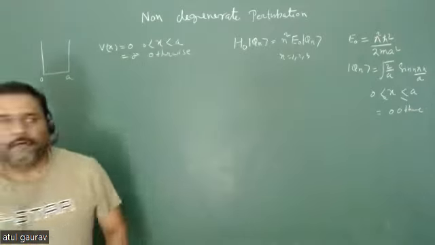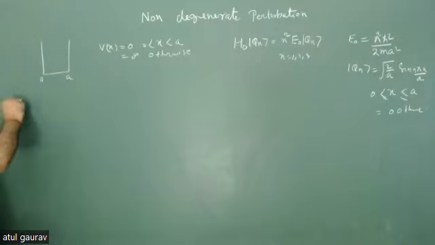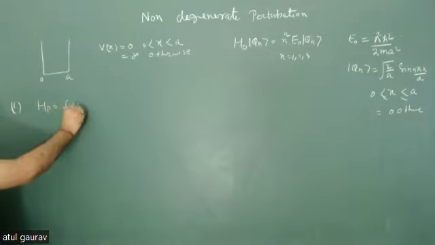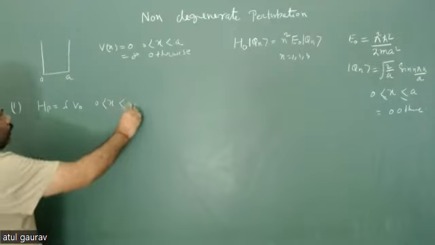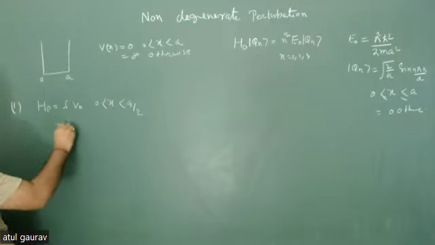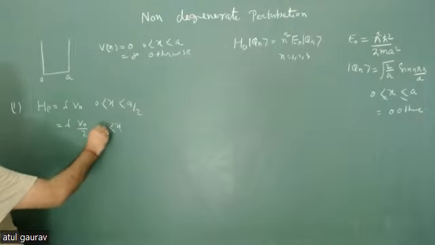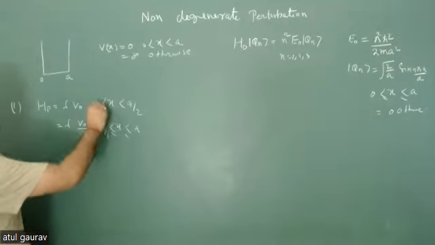So we have to go step by step for different types of perturbation. The first perturbation is Hp equal to lambda V naught when x is between 0 to a by 2, and equal to lambda V naught by 2 when x is between a by 2 to a.